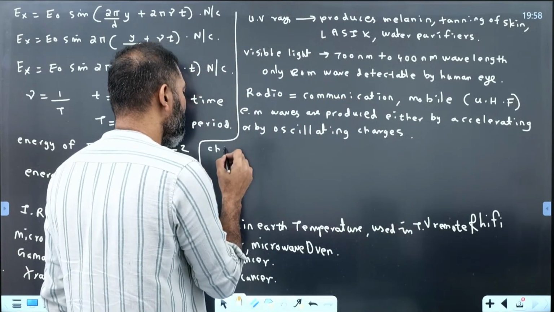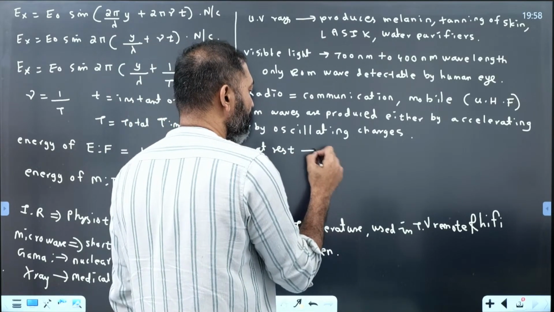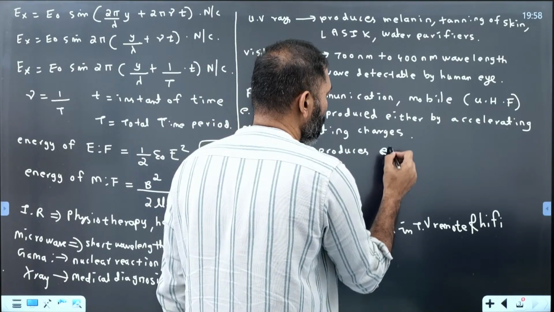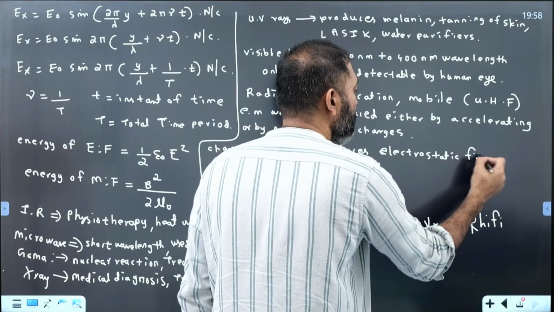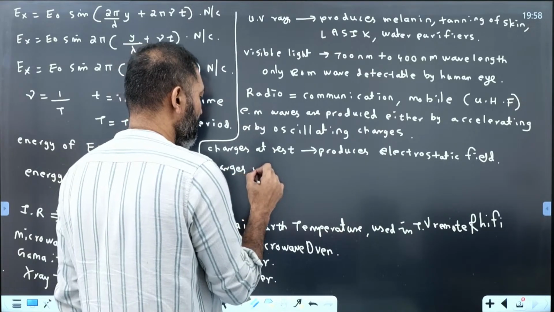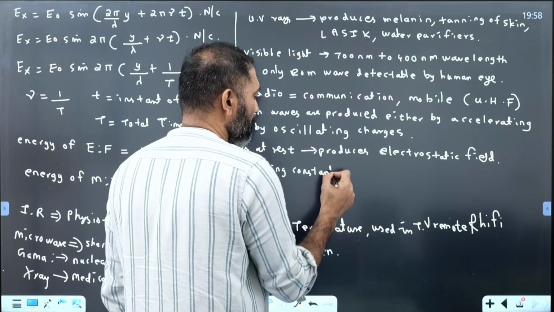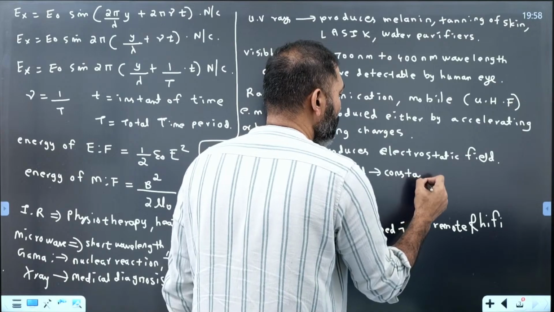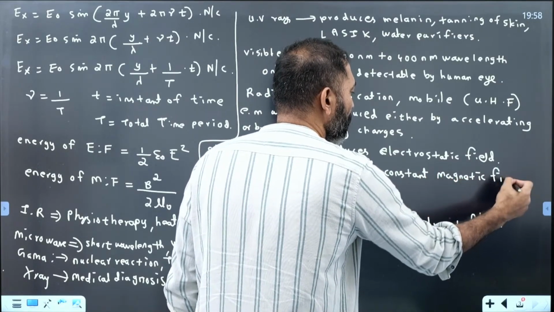Now, charges at rest produce an electrostatic field. Charges moving at a constant speed produce a constant magnetic field.